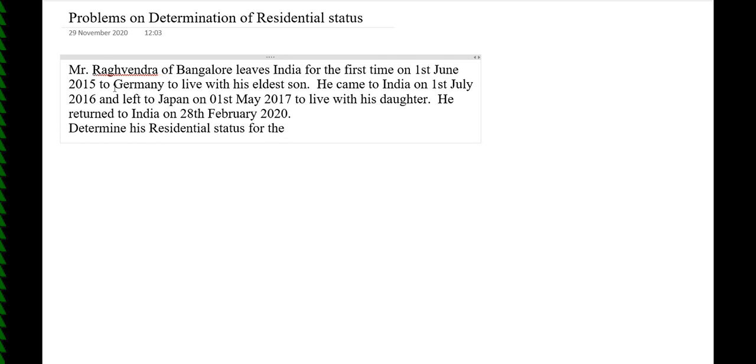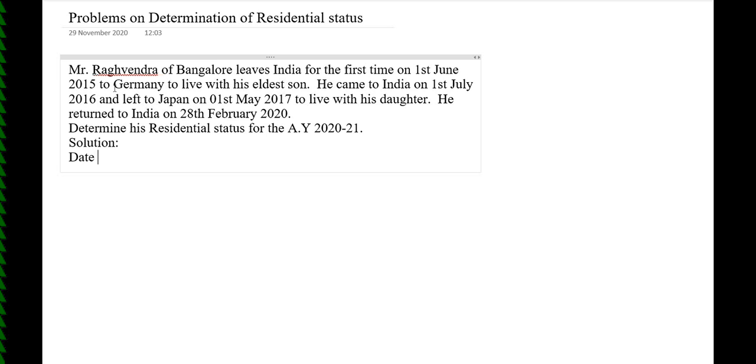For the assessment year 2020-21. This is a simple problem here, dear students. So now let us write down the date of arrival, date of departure, etc. Then we'll calculate the number of days of stay during the previous year. So Mr. Raghavendra of Bangalore leaves India for the first time on 1st June 2015.